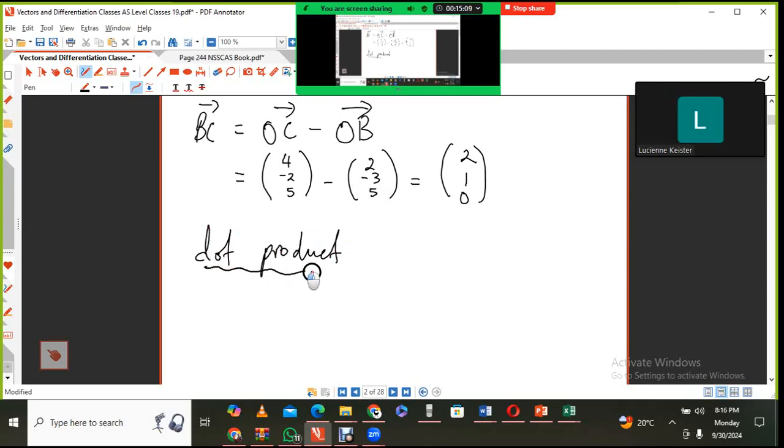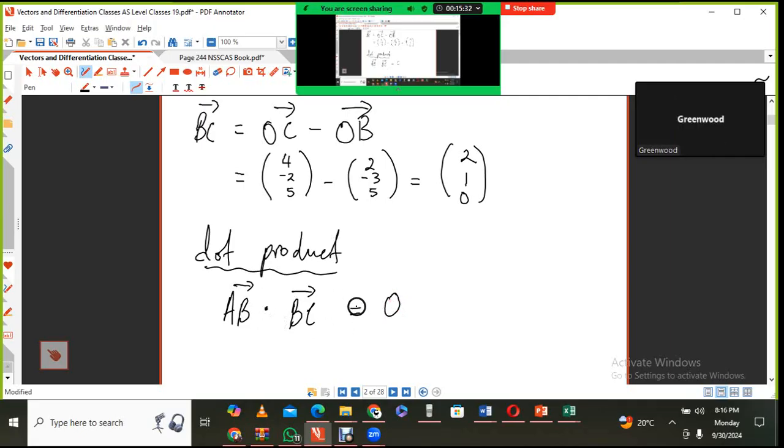This is what I'm going to do in tomorrow's lesson. So in order for you to find the dot product, AB times BC should give you 0. If you multiply these two, they should give you 0. Okay? So let us see if we do that.